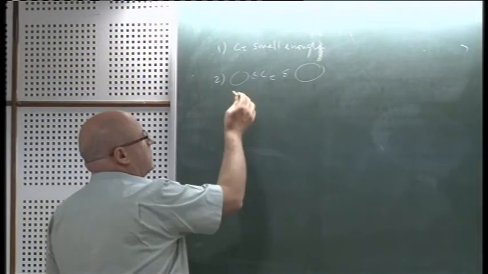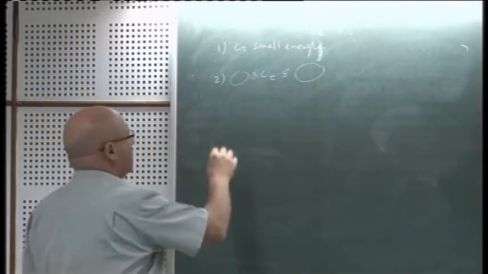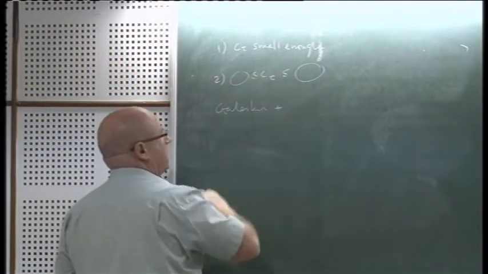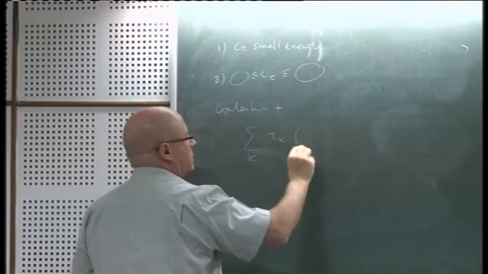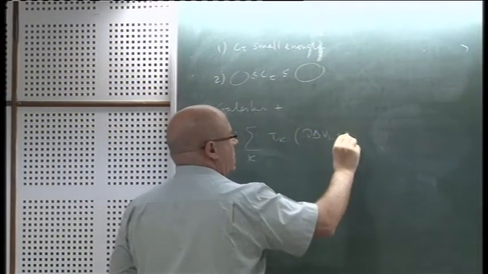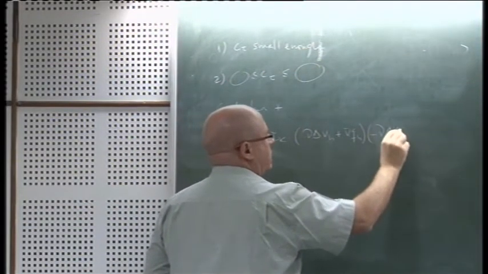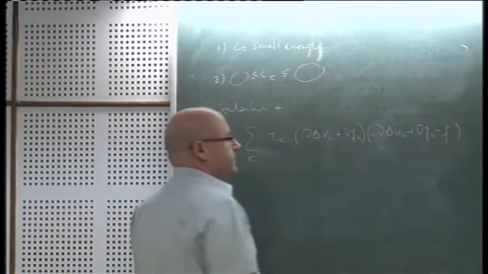Imagine you have the method that I have written a minute ago. It is Galerkin plus the sum over all the elements of tau_K times (minus nu Laplacian of vh plus gradient of qh) times (minus nu Laplacian of uh plus gradient of ph minus f).